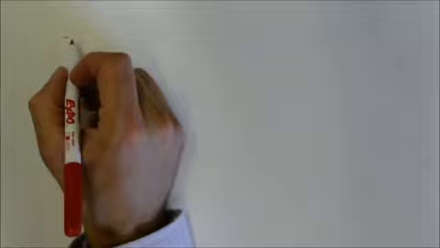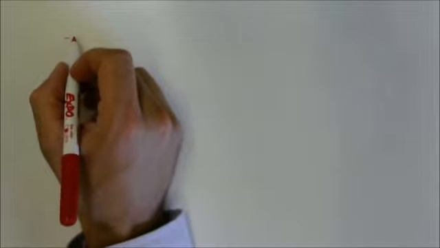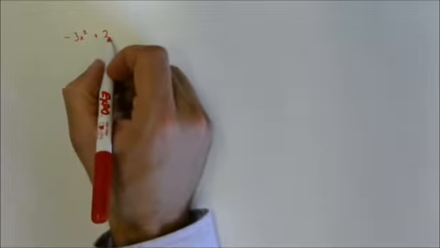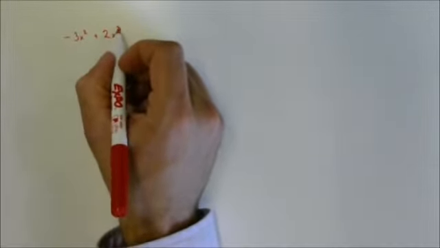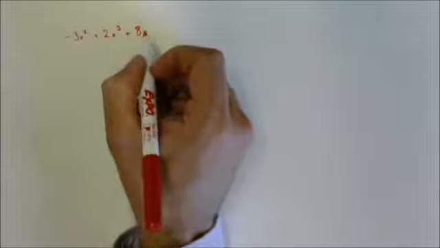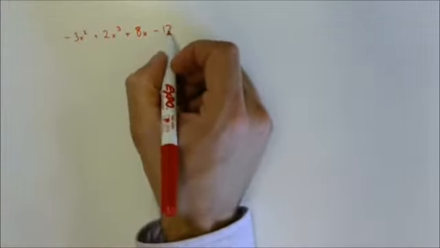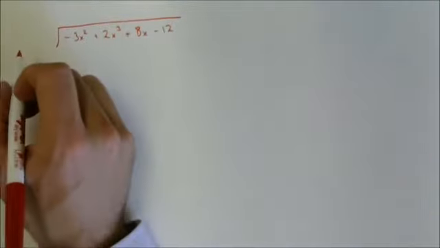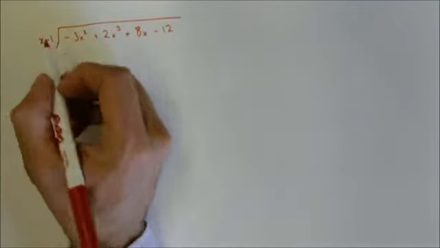We're going to write it just like you would regular long division back in grade 5. So you've got negative 3x squared plus 2x cubed plus 8x minus 12, and we're going to divide that by x minus 1.